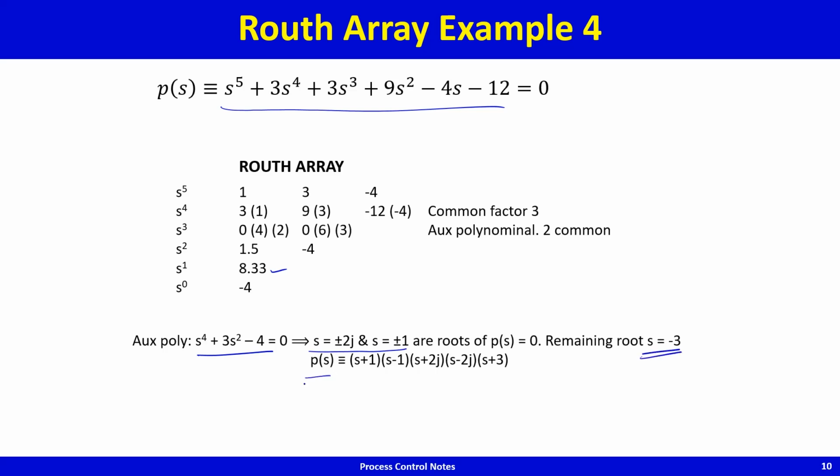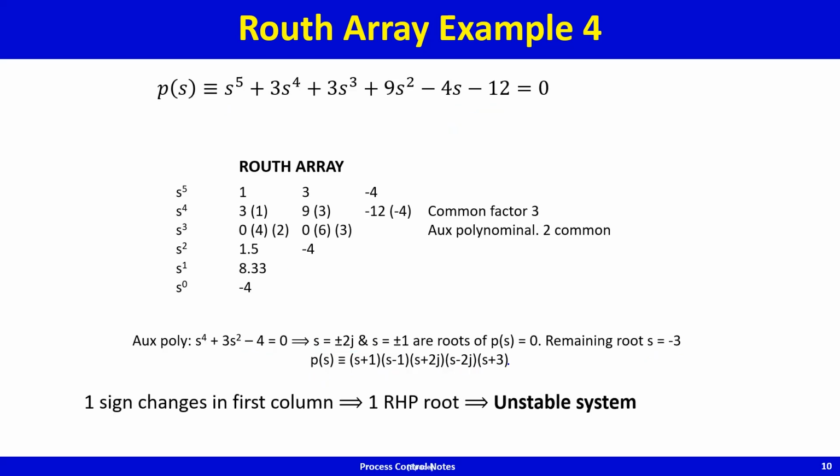So the polynomial written over here factorizes into this. One change of sign in the first column, and therefore one right half plane root, which is s equal to 1. So you got an unstable system.